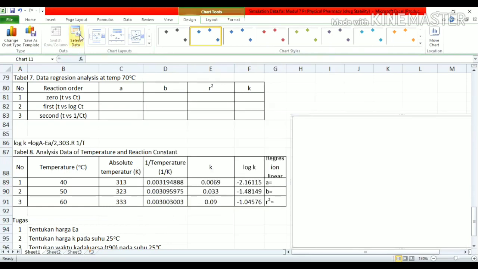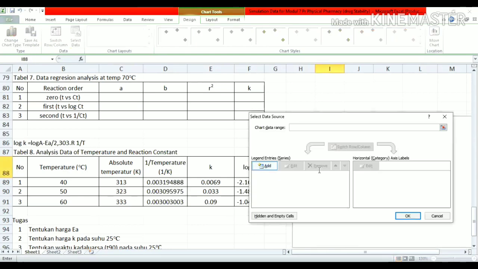Add trend line and then display the equation on chart.